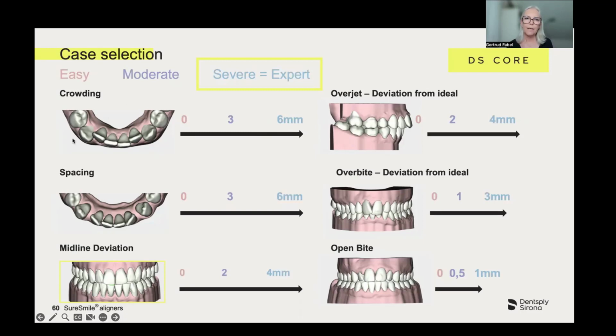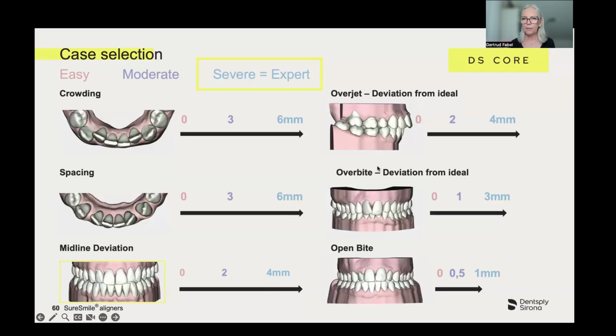In crowding and spacing, up to 4, maximum 5 millimeters, I think you can treat it yourself in a very comfortable and predictable way. 6 millimeters and higher, I would recommend to an expert. Midline deviations up to 2 or 3 millimeters are manageable. 4 and more millimeters you recommend to the expert.